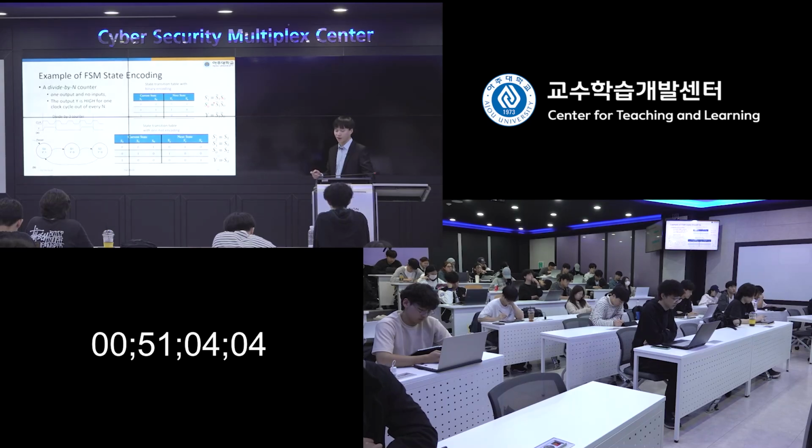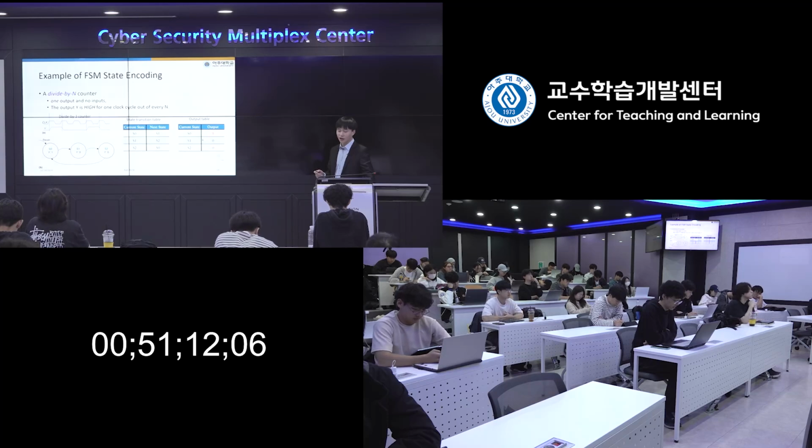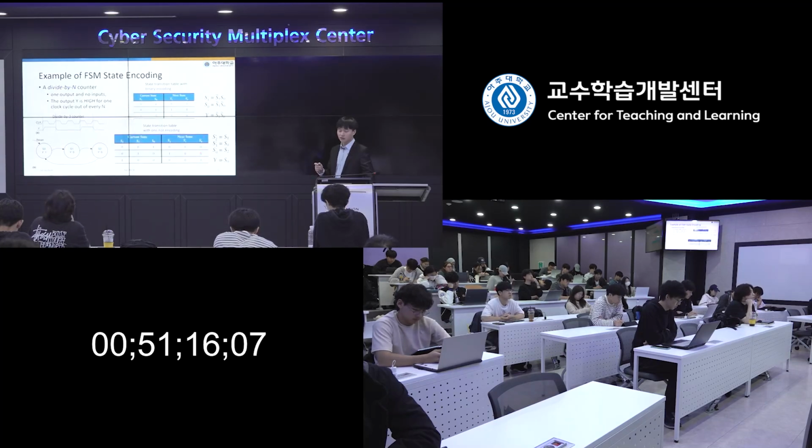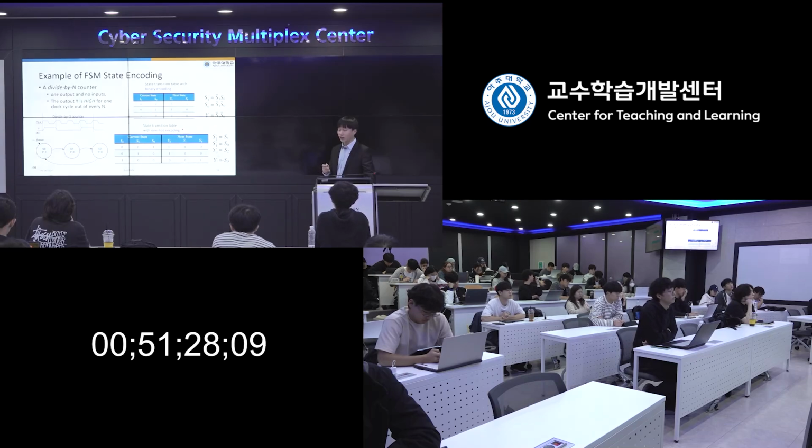Similarly for S0 prime. And Y, actually we didn't put the output table here. If you look at the output table, the output is 1 only in S0. So Y equals 1 when both bits are in the S0 state, S1 bar, S0 bar.